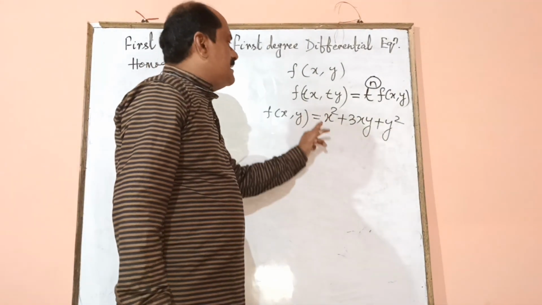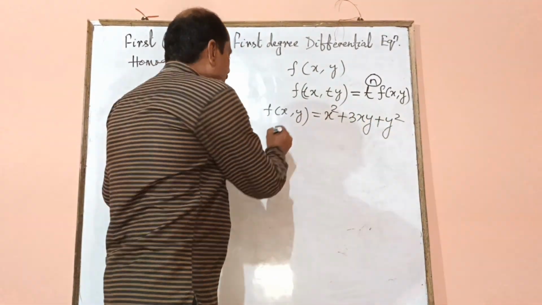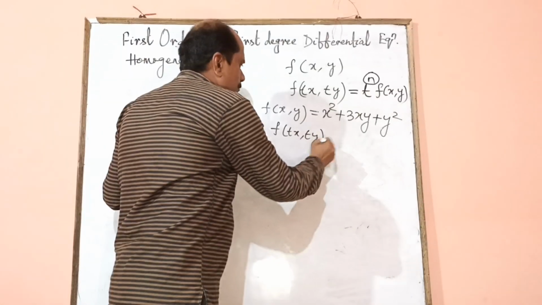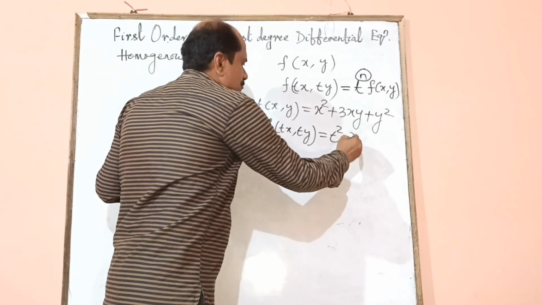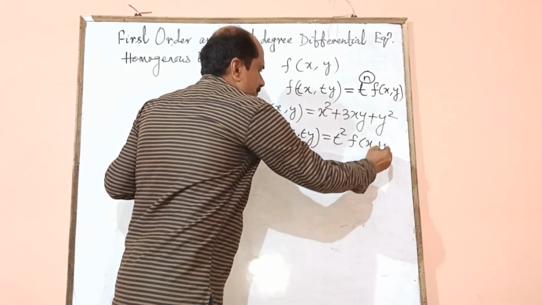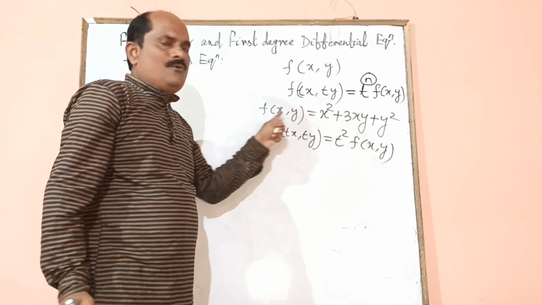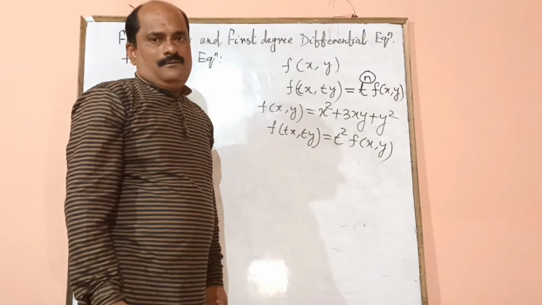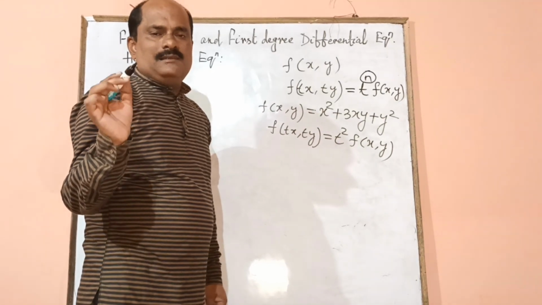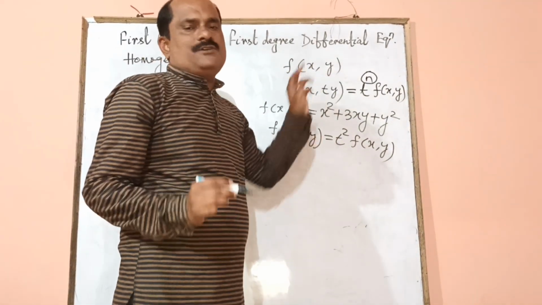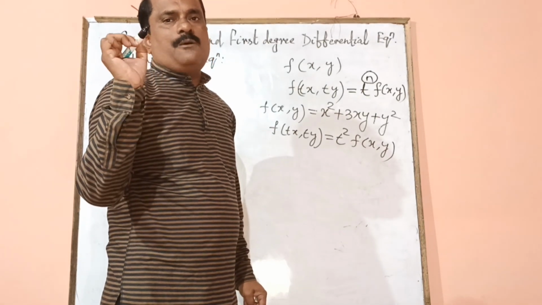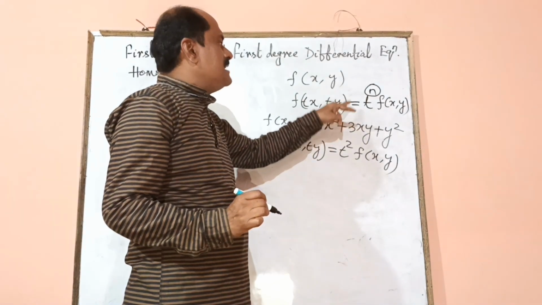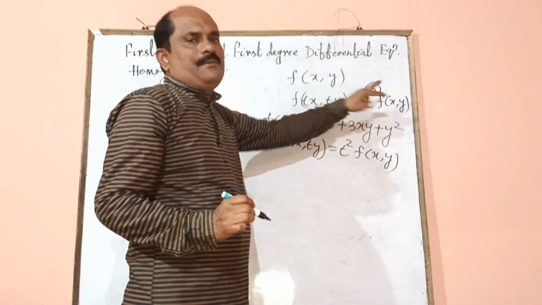So t square can be taken as common, and f(tx,ty) is equal to t square f(x,y). So this is a homogeneous function of degree 2. Understand, students? That means a function f(x,y) is a homogeneous function of degree n if f(tx,ty) can be expressed in the form t to the power n f(x,y).